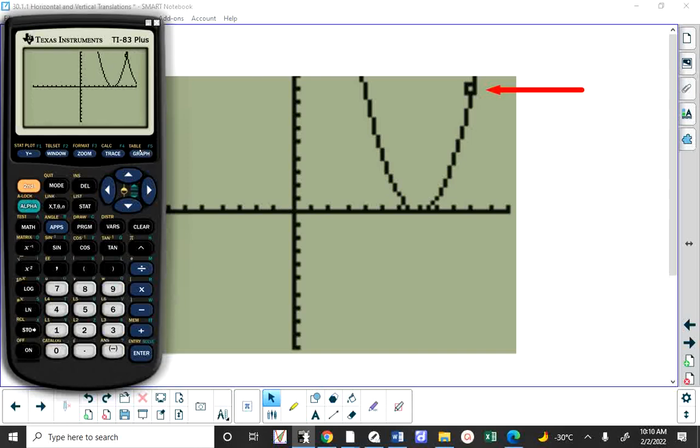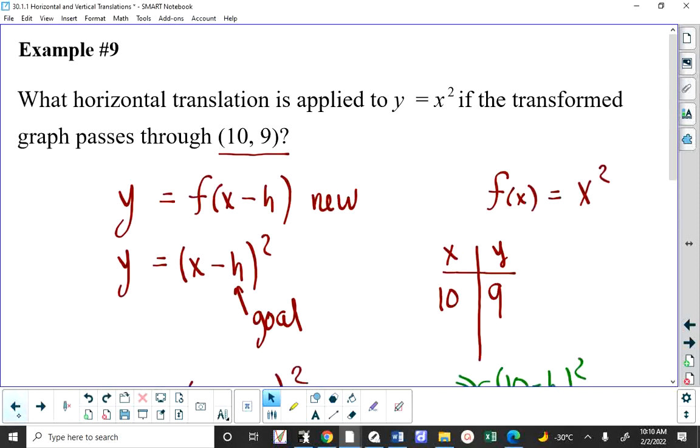The idea is since the parabola has two branches to it, a left and a right, we can shift it 7 units to the right so that the right-hand branch crosses that point. Or we could keep going and go 13 units to the right, and the other branch, the left-hand branch, rather, crosses through it. So any questions with that example?